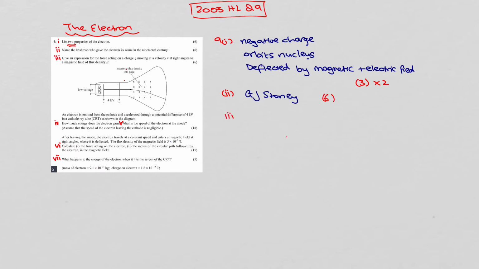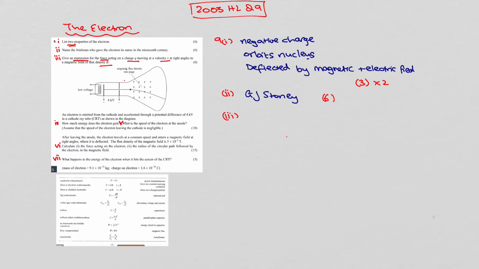Part 3 then says give an expression. So in other words, write down the formula for the force acting on a charge Q moving at a velocity V at right angles to a magnetic flux density of B. So all we have to do here is go to our maths tables and identify the correct formula. So if we look down here on the bottom left, on page 62, we can see F is equal to QVB.